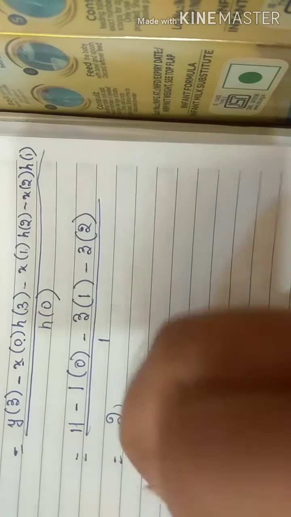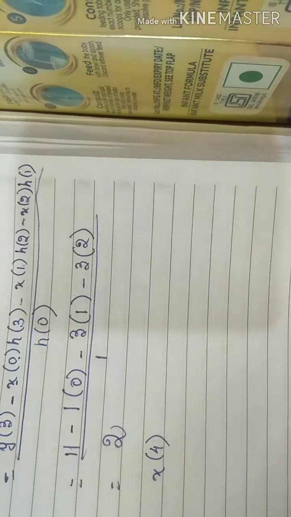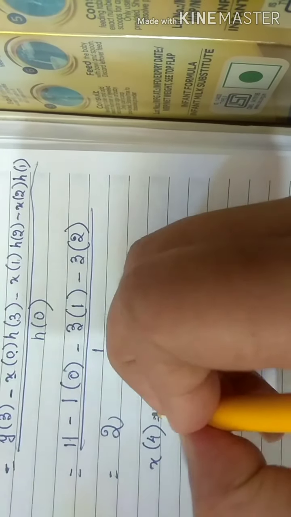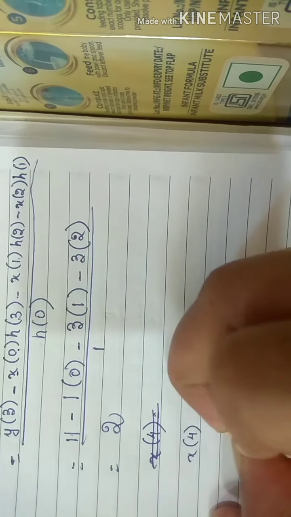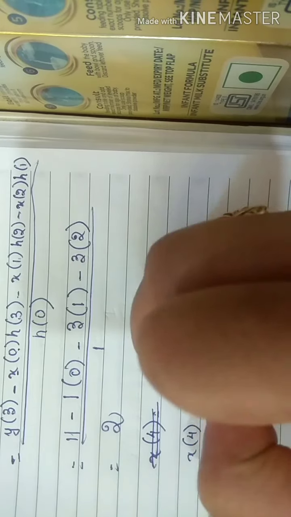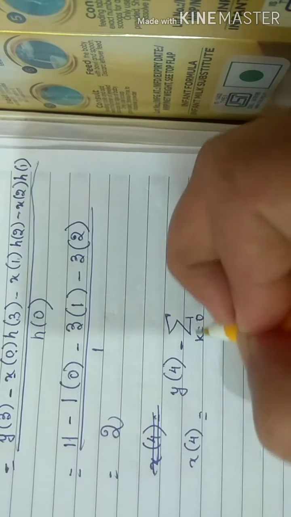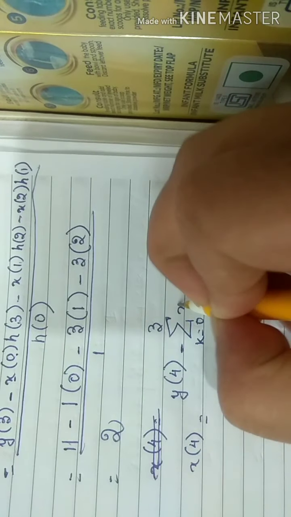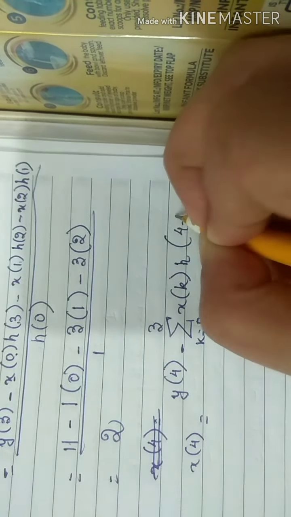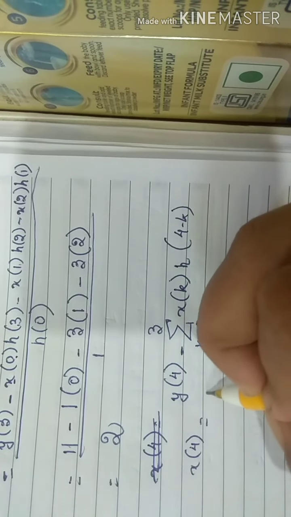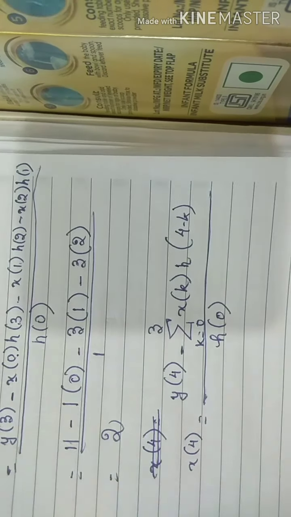The last one we have to calculate is x[4]. For x[4], the formula will be y[4] minus the summation k equal to 0 to 3 of x[k] h[4 minus k], the whole thing divided by h[0].